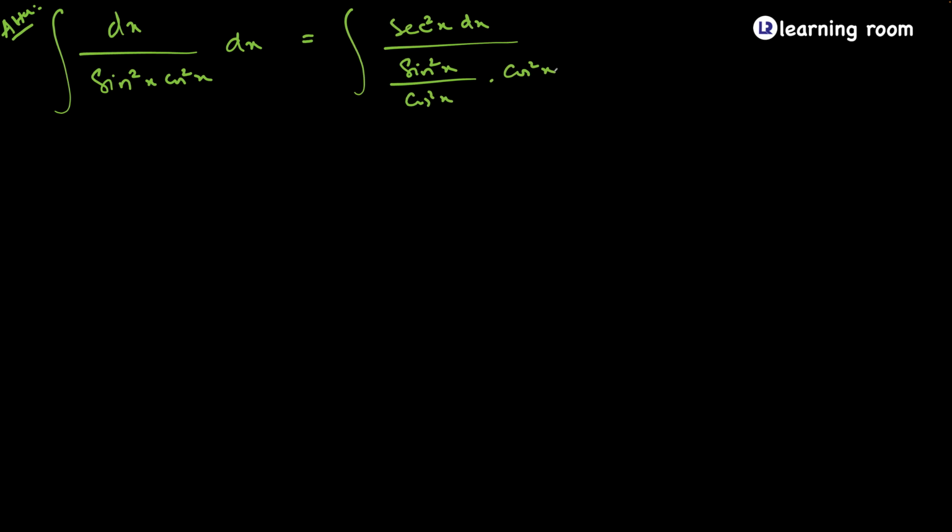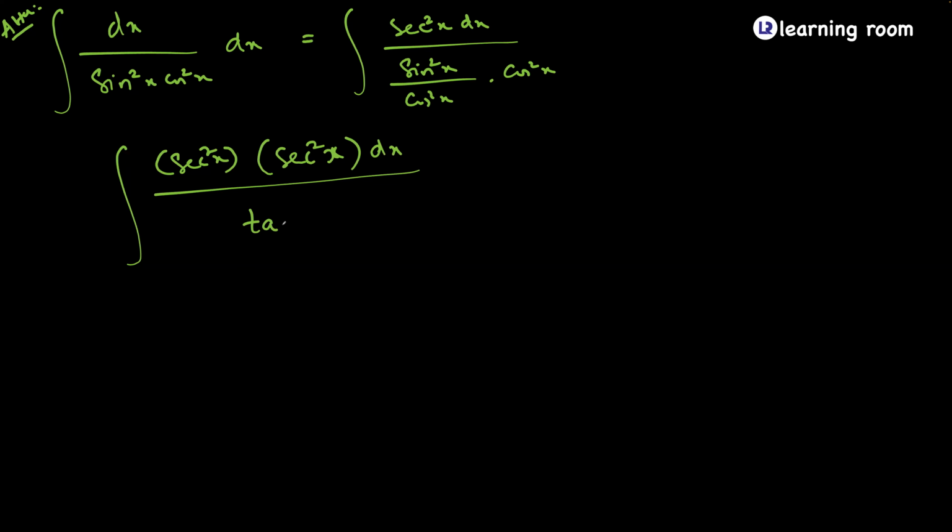Right. Now listen, integral of this secant square x, I am leaving it as it is. I have one more 1 by cos square, which is going to be secant square. So don't write it as secant power 4. I'll tell you why. The whole divided by sin square x by cos square x is tan square x. Makes sense?